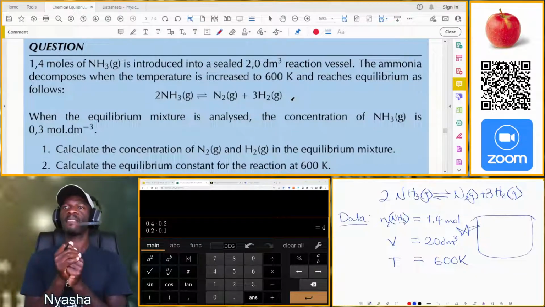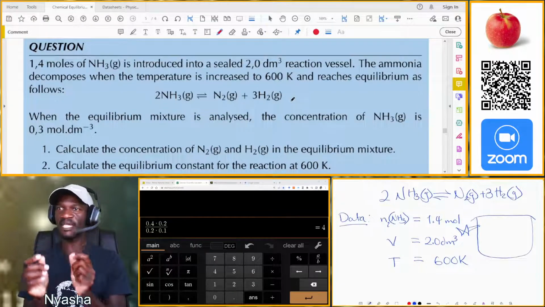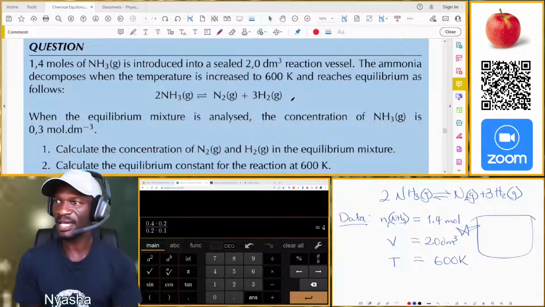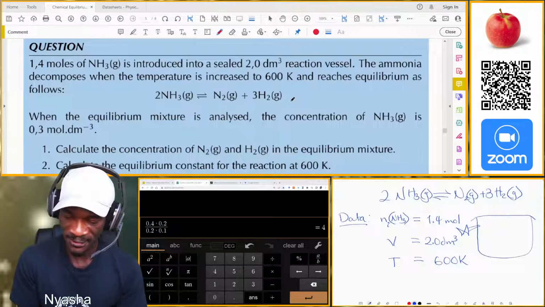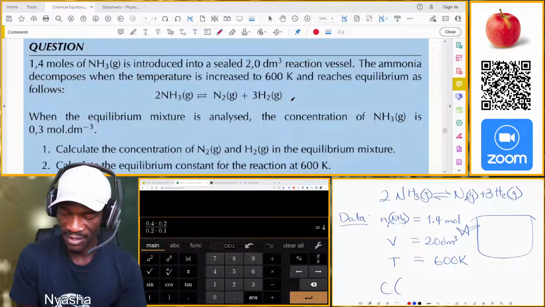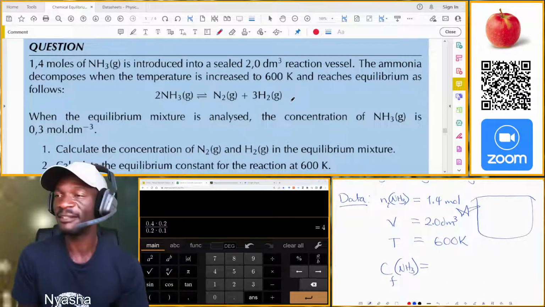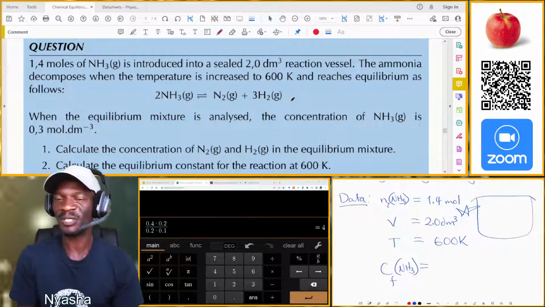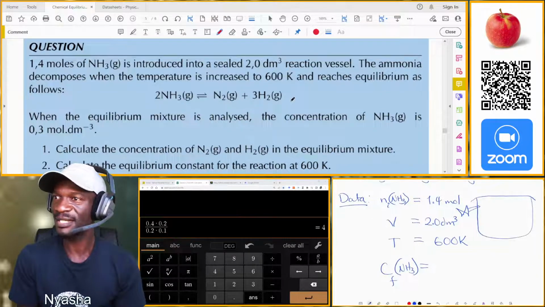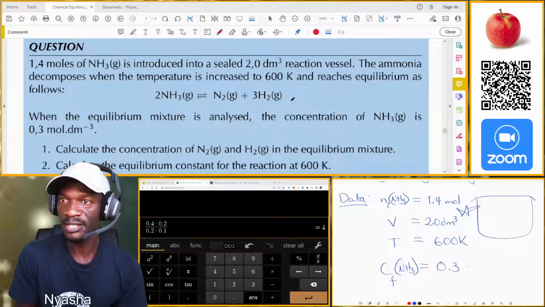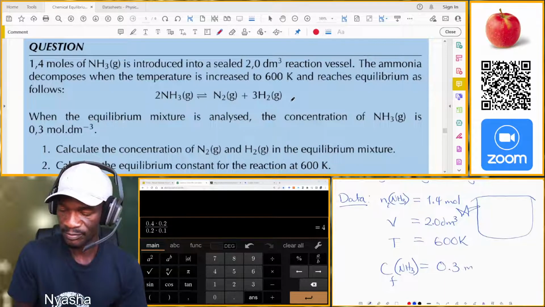So when the equilibrium mixture is analyzed, the concentration of NH3 is the final concentration, now at equilibrium, which is 0.3 mol/dm³.